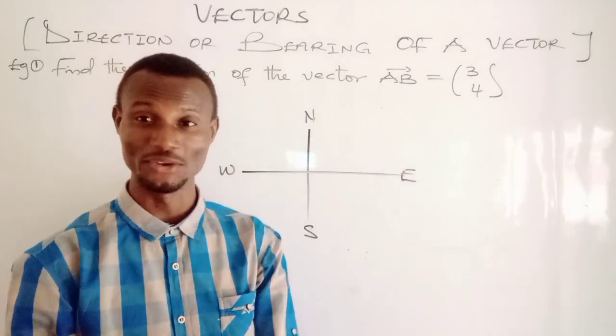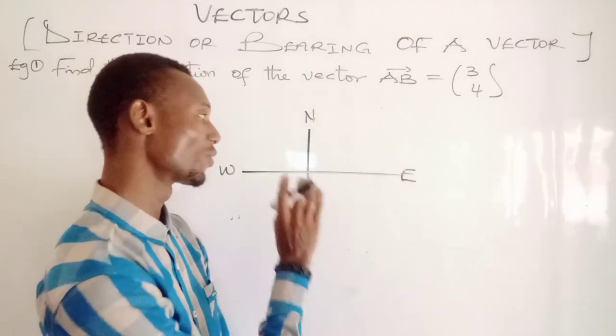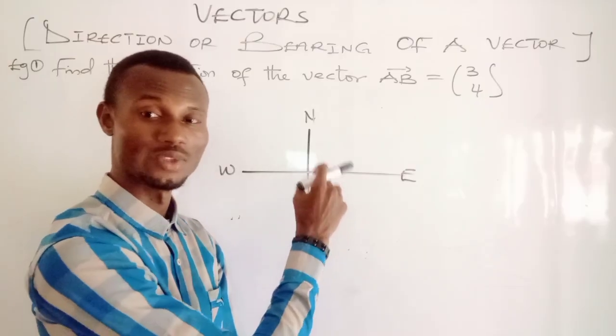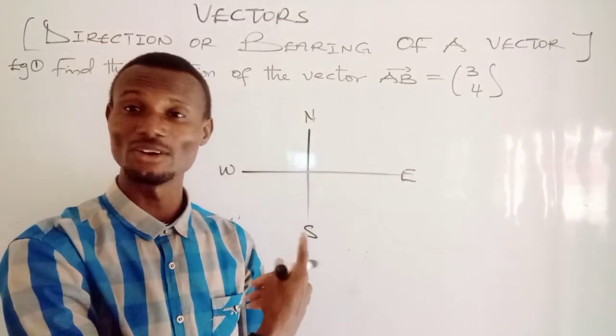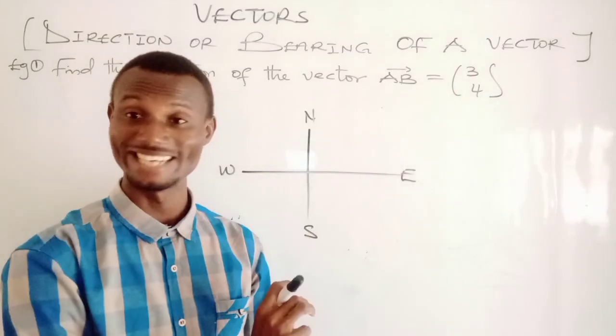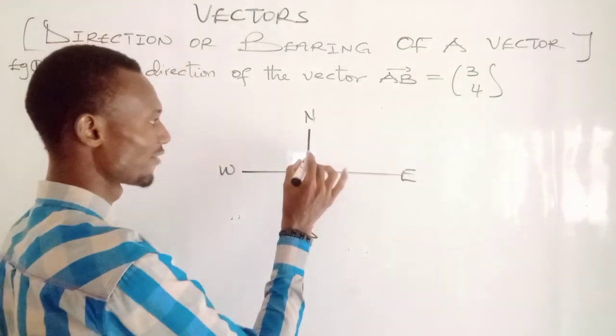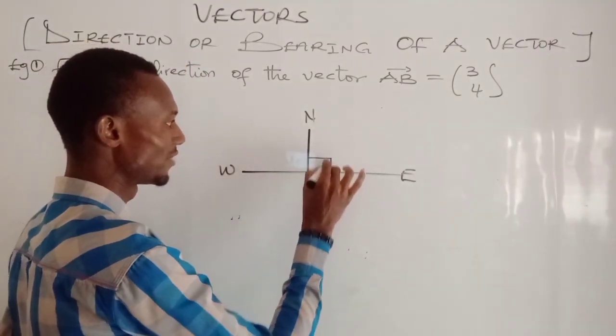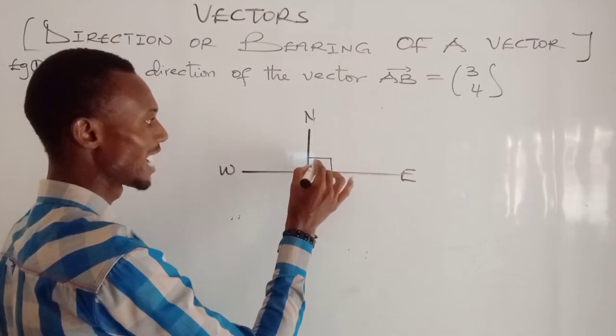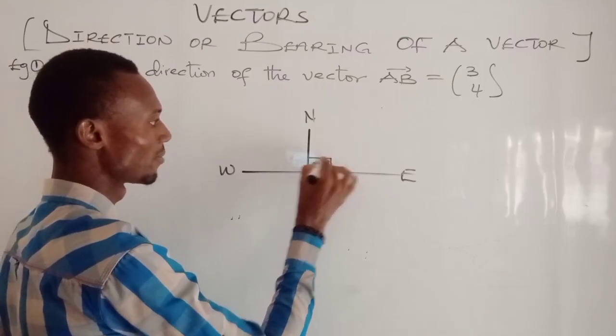When we pick this quadrant, there's a 90 degrees angle formed here.